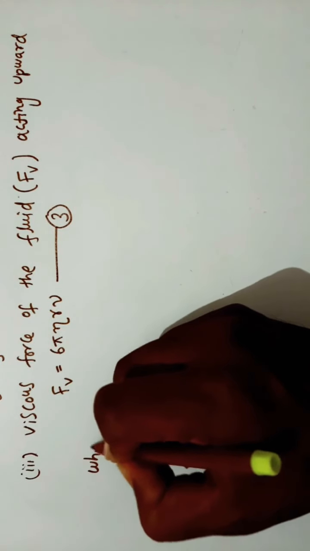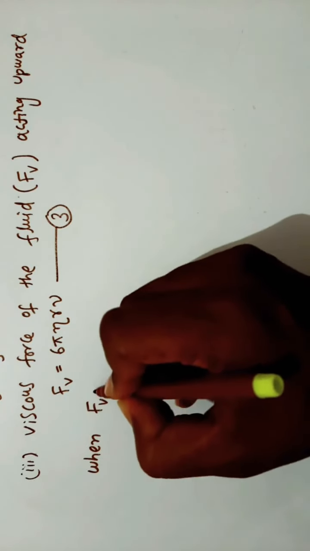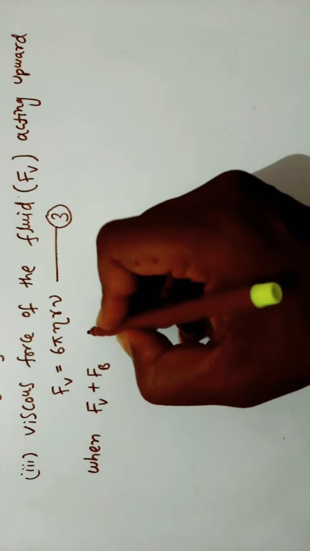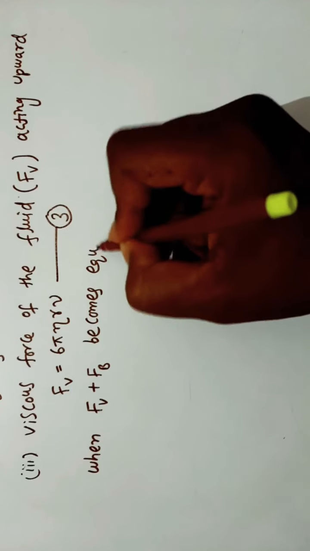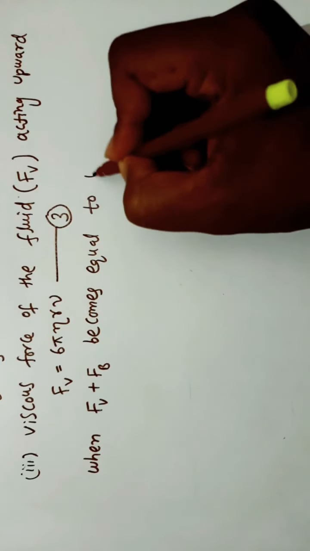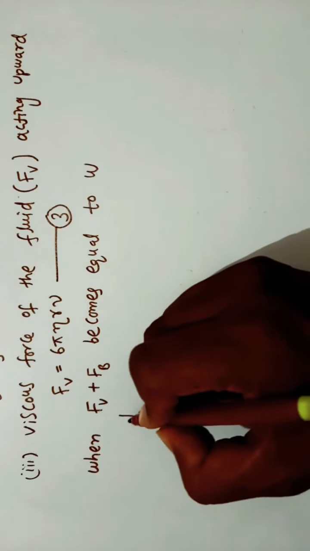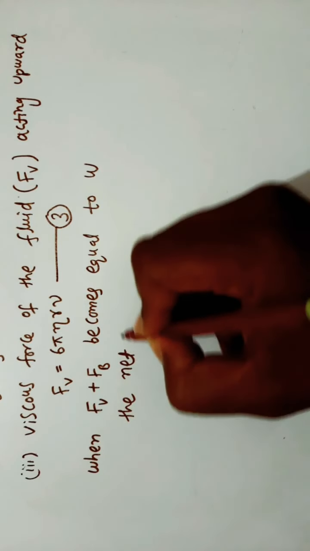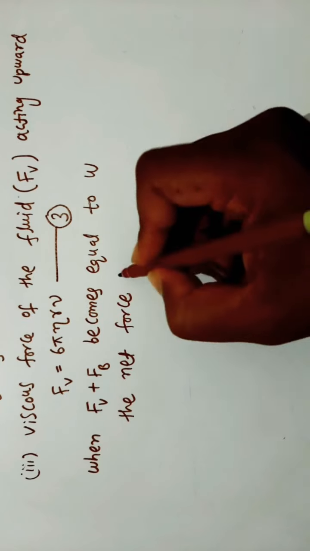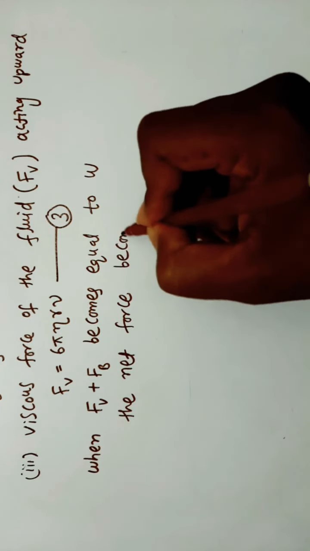When Fv plus Fb becomes equal to W, the net force becomes 0.